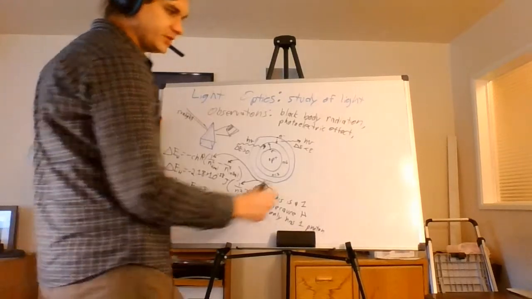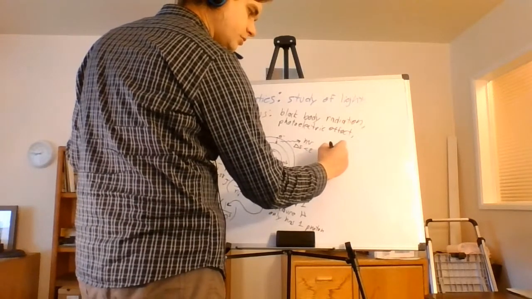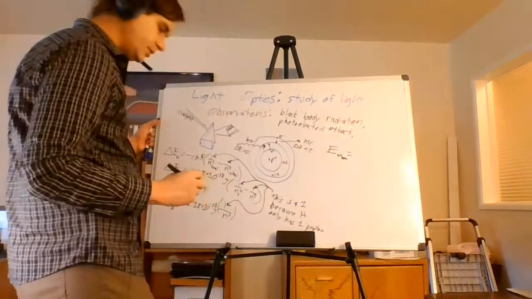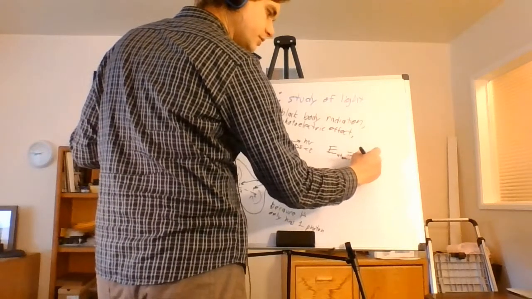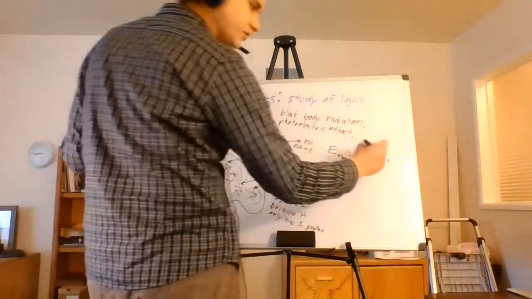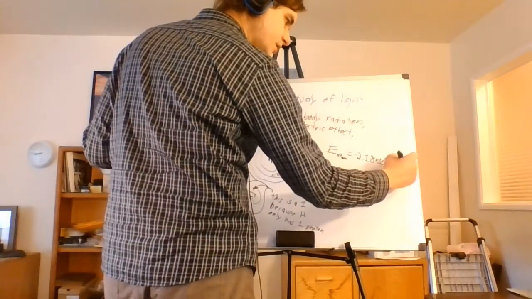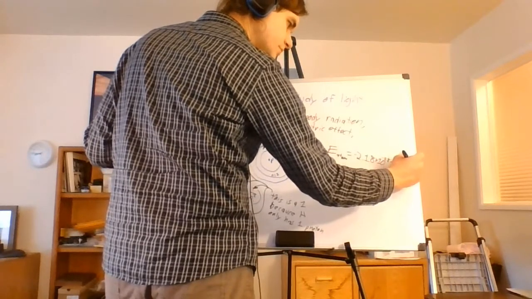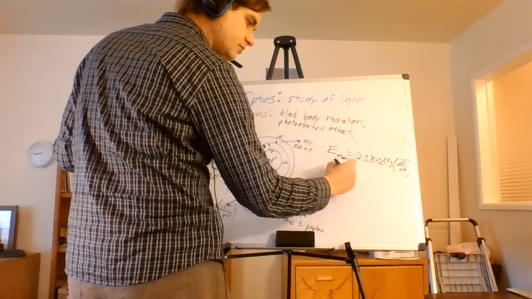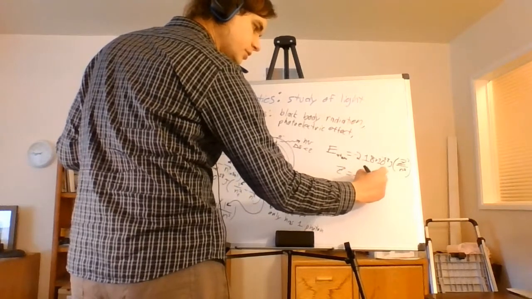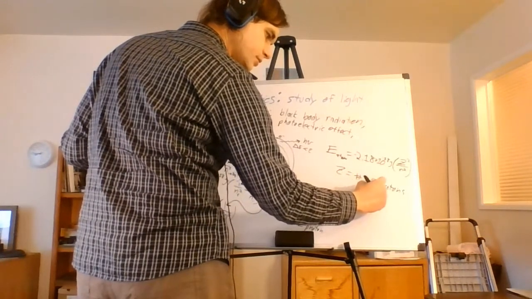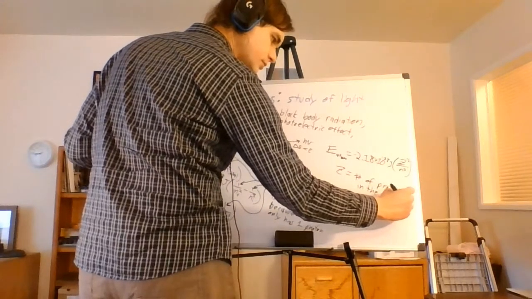So we can actually rewrite this as the internal energy of an atom is equal to negative 2.18 times 10 to the negative 18 joules times Z squared over n squared, where Z is the number of protons in the nucleus.